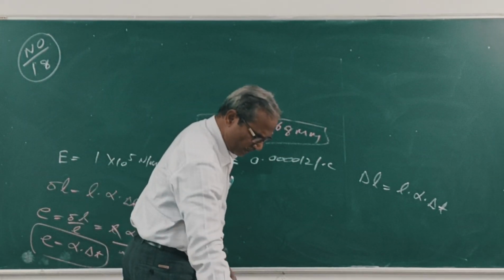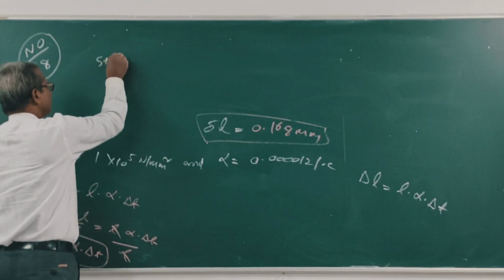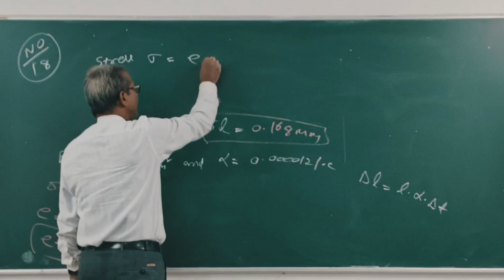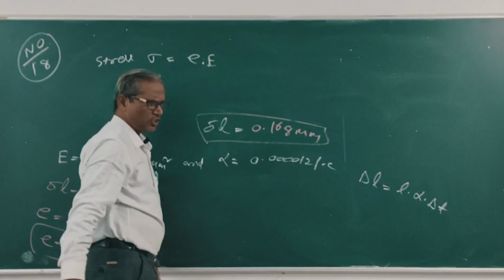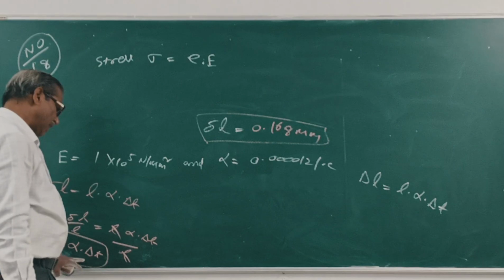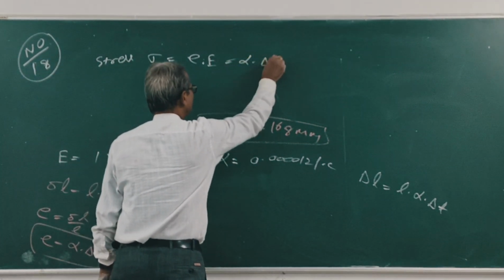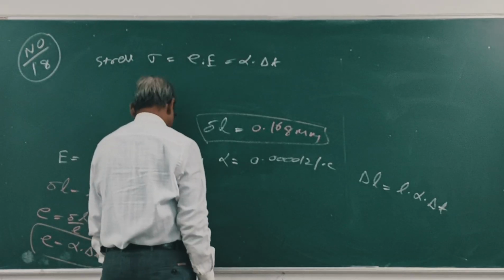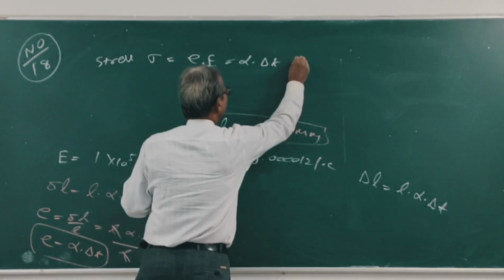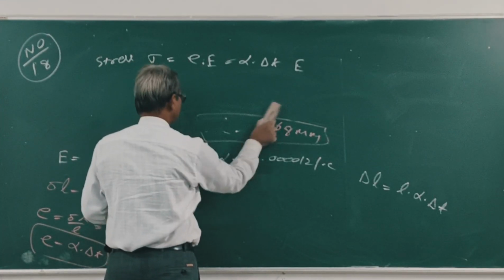What is stress? Stress sigma is equal to strain into Young's modulus. Right? What is strain? Alpha delta T. Alpha into delta T into E, Young's modulus. This is E. Right? This is your stress.